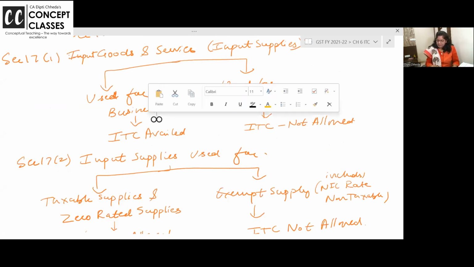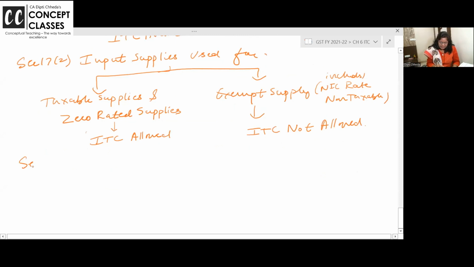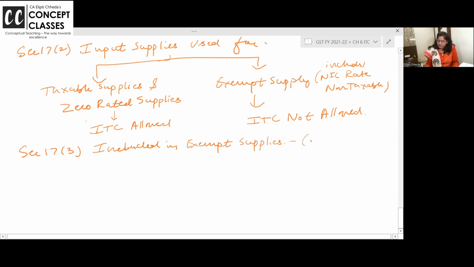Now related to 17.2 only we have section 17.3. Included in exempt supplies. No ITC. If you want, write down.